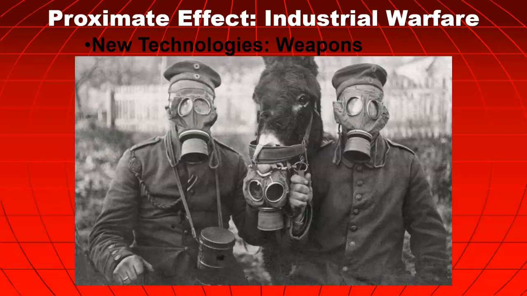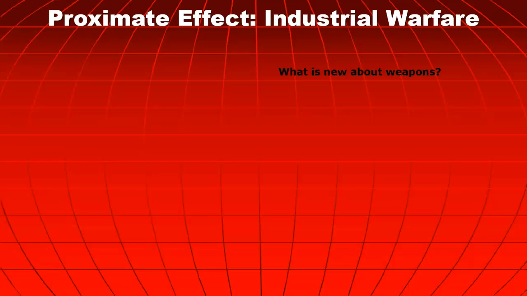Just all sorts of new, terrible ways to dispatch your enemy as a result of the Industrial Revolution. What's new about this, then, is not so much that they have these things, but they're ubiquitous. Like everybody has them and everybody's using them, and they're way more efficient at affecting your enemy in particular war.